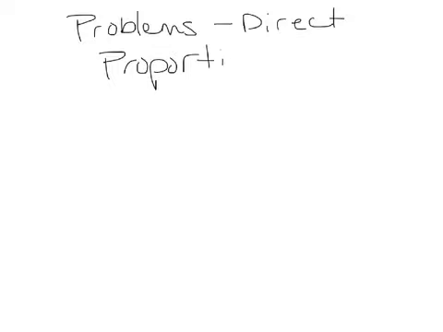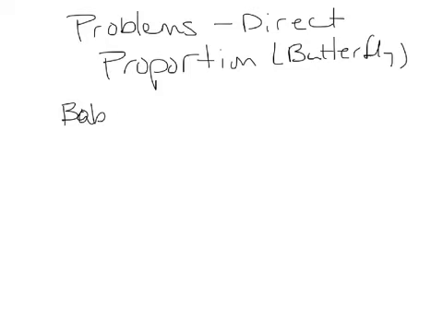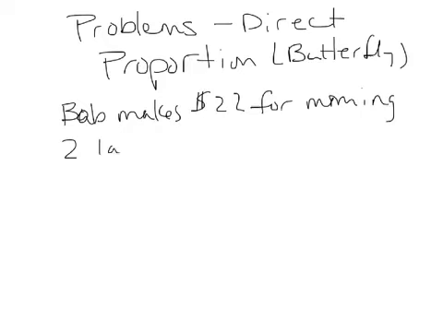Problems with direct variation are done as proportions, and you guys had a lot of practice with this back in middle school. This is also the butterfly problems that you did back then that we've talked about in class. Here's an example. Bob makes $22 for mowing 2 lawns.